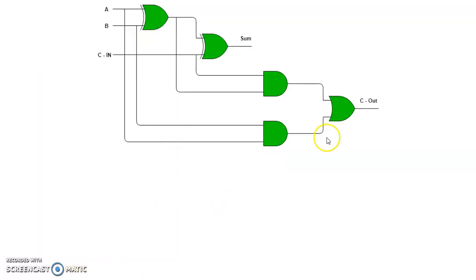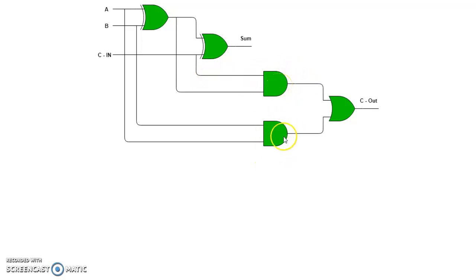Here, this is A XOR B. For the first AND gate we give two inputs, A XOR B and Cin, so the output is A XOR B times Cin.